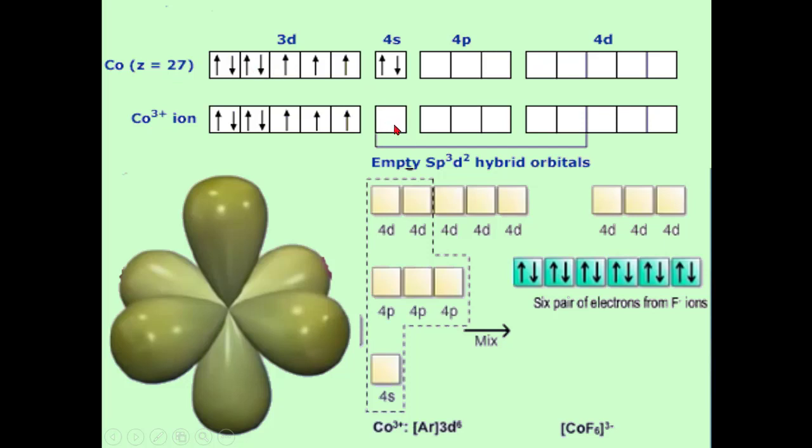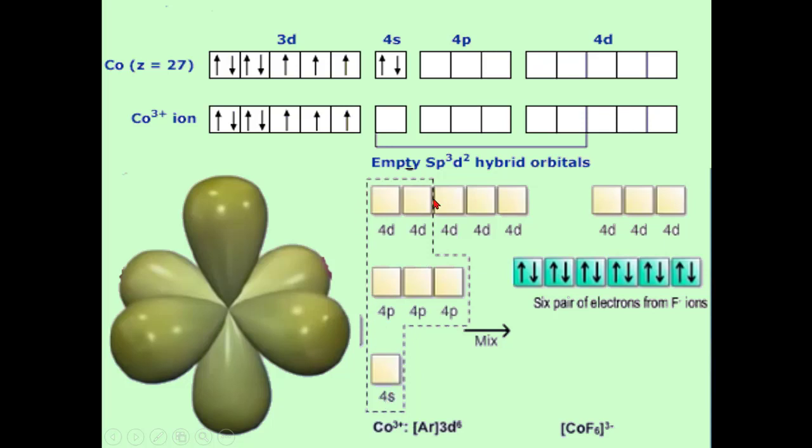These 2 electrons are lost, and similarly 1 electron is lost from here. So basically there is an addition of 2 4d, 3 4p, and 1 4s.